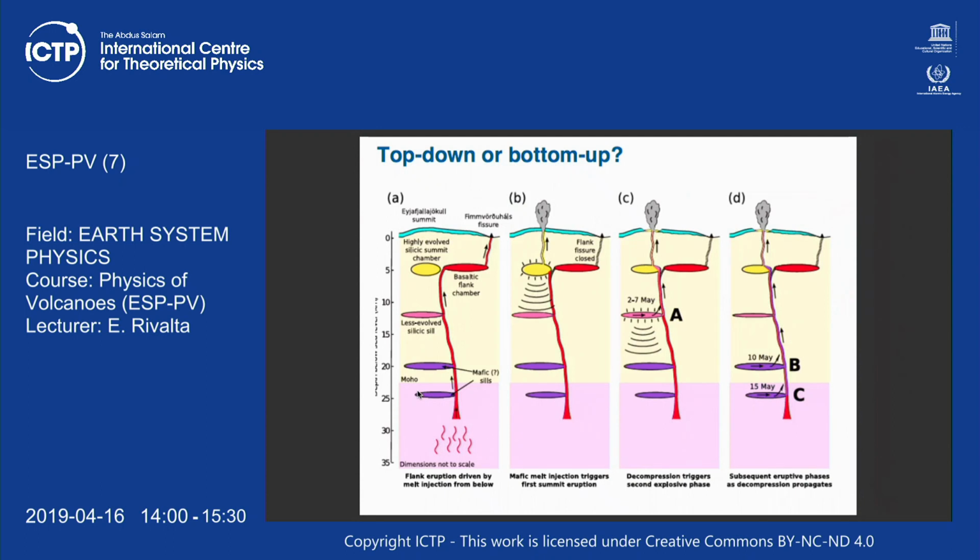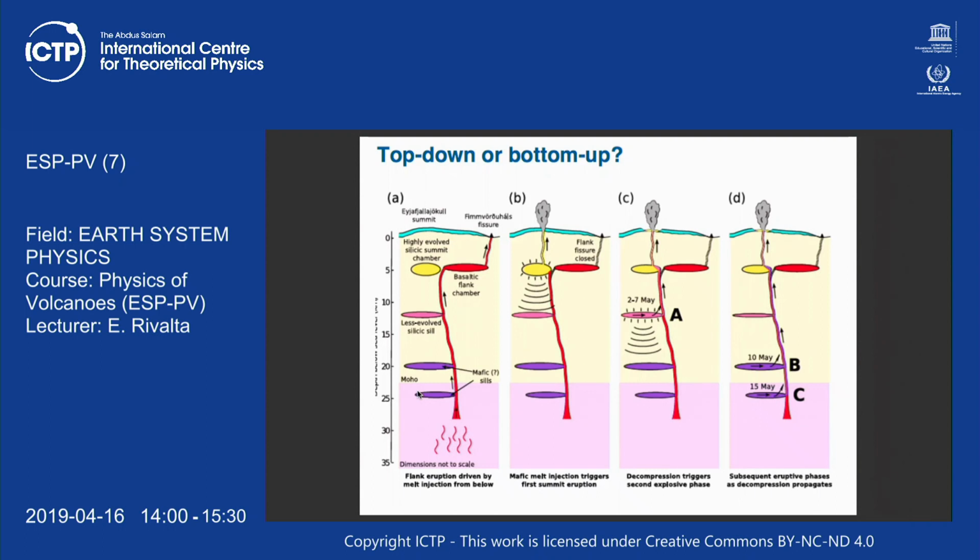Like first you have the eruption, and then this is empty, and then you have the effect of this being felt here, sending magma up and feeding the eruption, and then this effect being felt here, sending magma up, and so on. So sometimes this could also be a process where you have a lot of levels communicating.